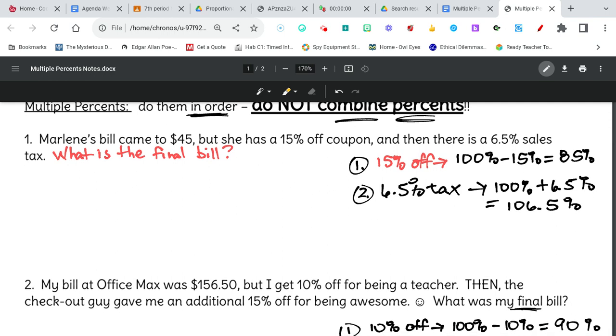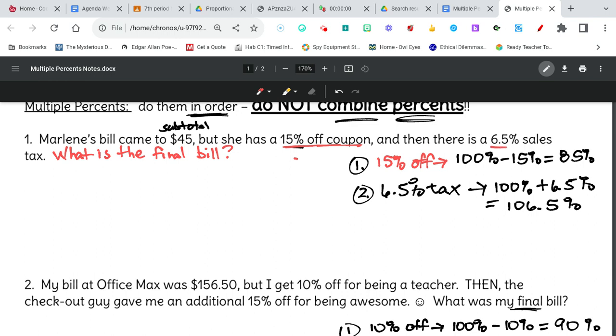Marlene's bill came to $45, and this would be her subtotal, guys. That's the total before any tax or any discounts or anything like that. All right, so her bill came to $45, but she has a 15% off coupon. That's important. So if she has a 15% off coupon, she's not going to pay the entire 45.